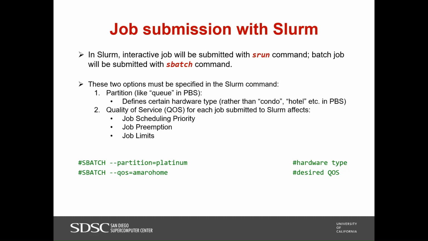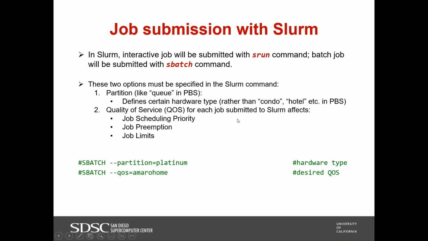The second option is called quality of service, QoS. This option in Slurm can be used to affect some of your job's behavior, like what I have listed here. It can define your job scheduling priority, the job limits, and several other features of your job.